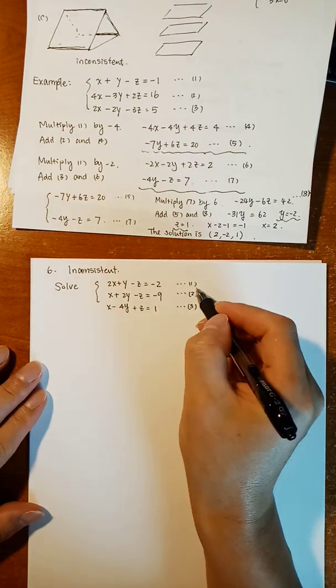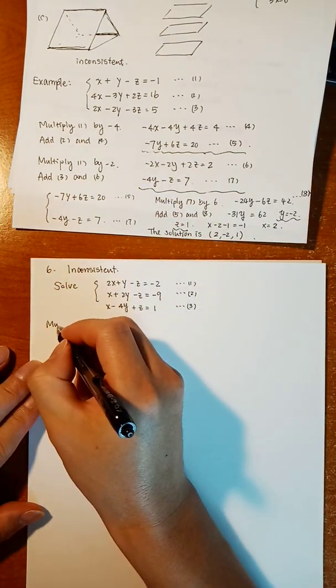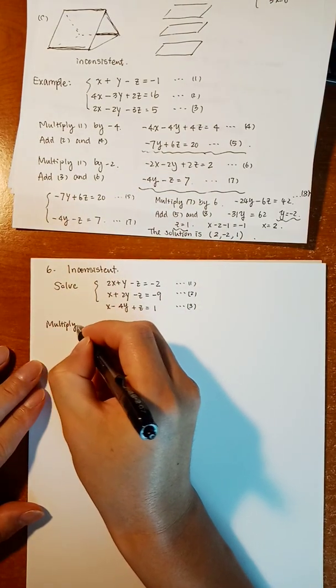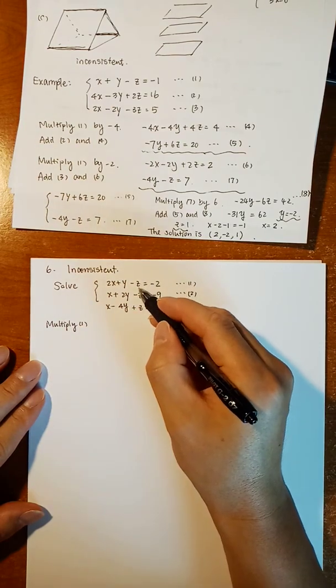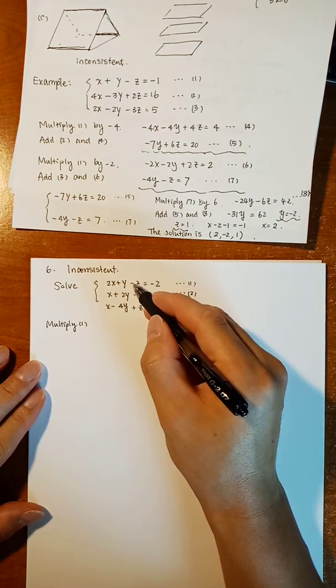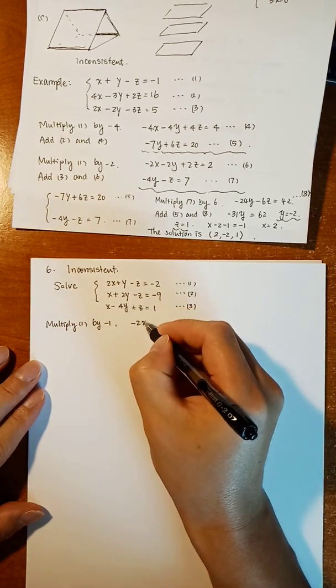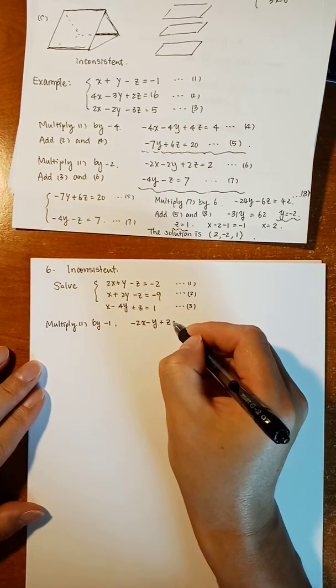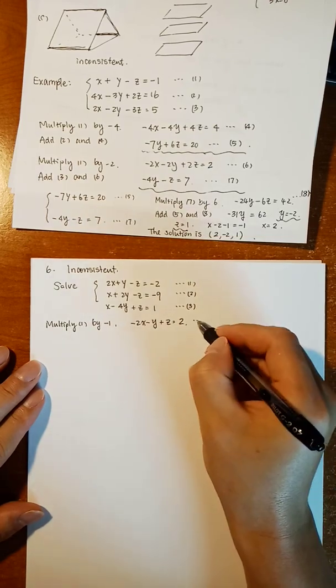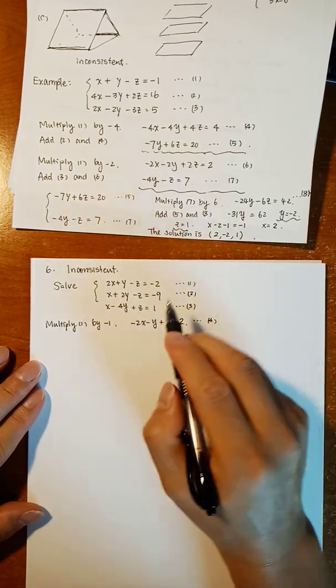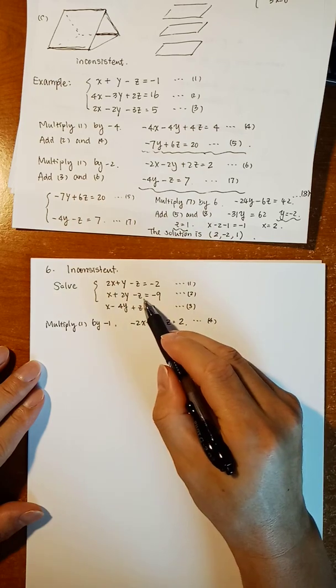So we multiply equation 1. I want to eliminate z, so I want to change this minus sign to plus by multiplying by negative 1. So we get negative 2x minus y plus z is equal to 2. This is equation 4. And we are going to add equation 4 with equation 2.